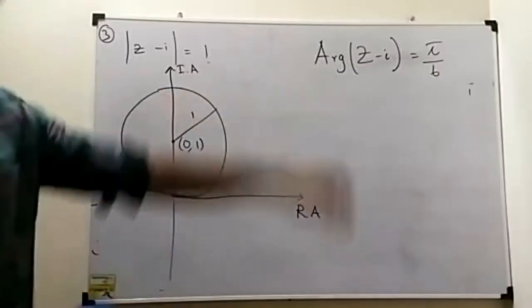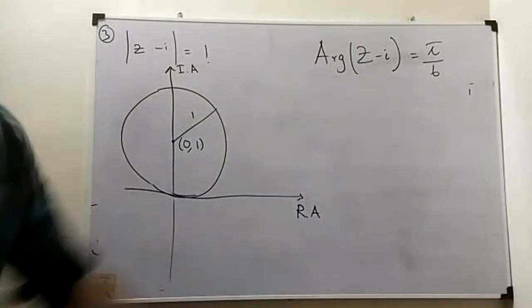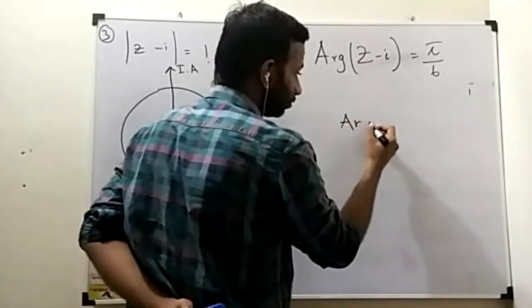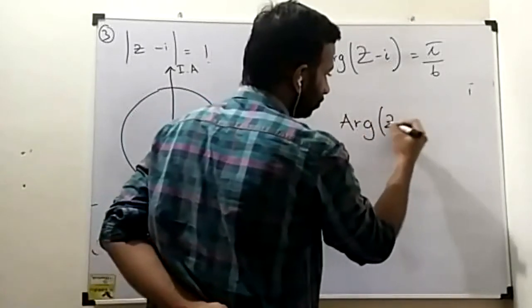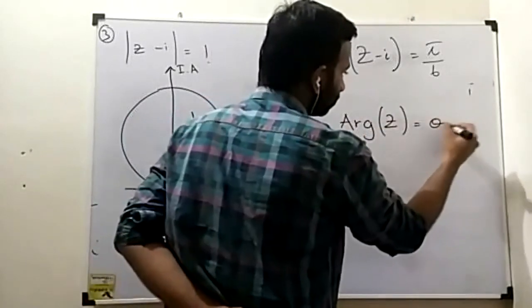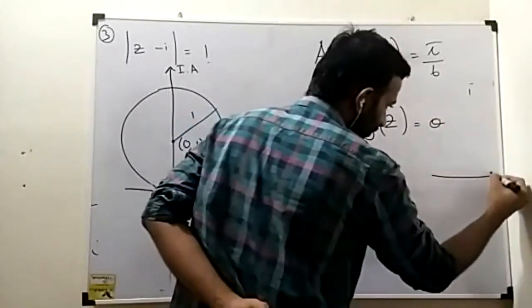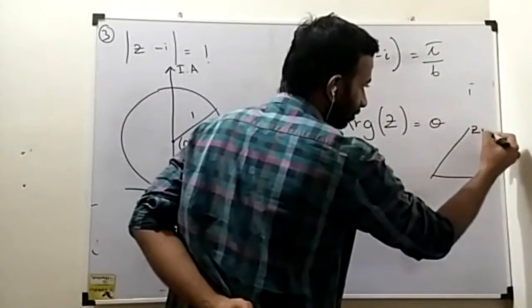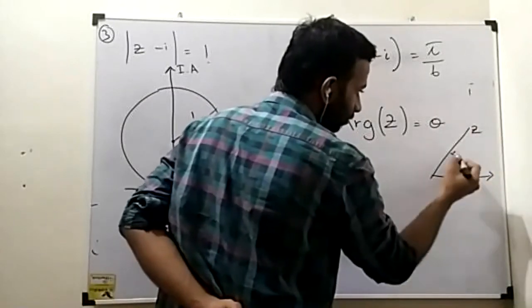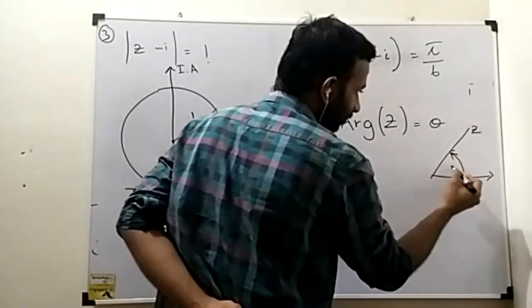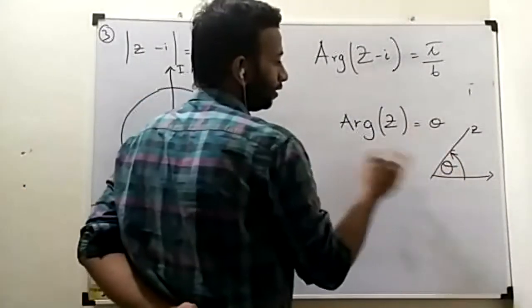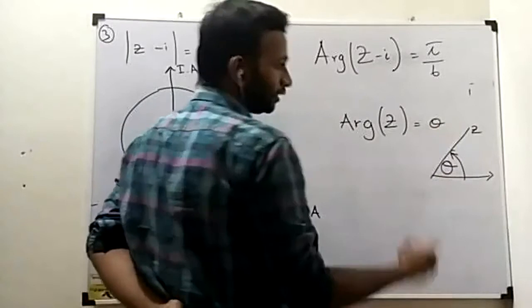So what does this mean? The theory behind that: what is an argument? Argument of z is equal to theta means, if you have the real axis, the horizontal line, and z is represented here, this angle between the real axis and this is called the argument, right? The argument of z is theta. This is how we represent it.